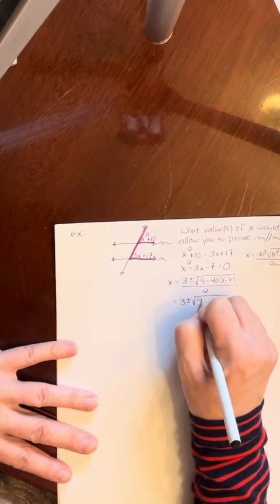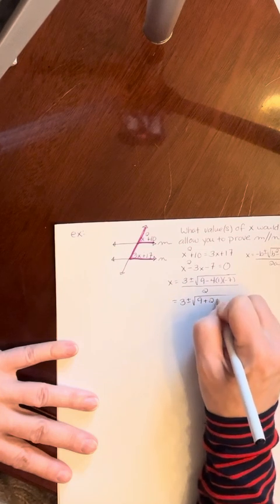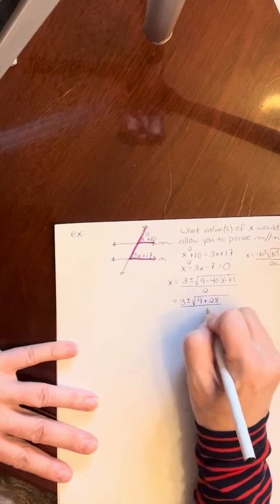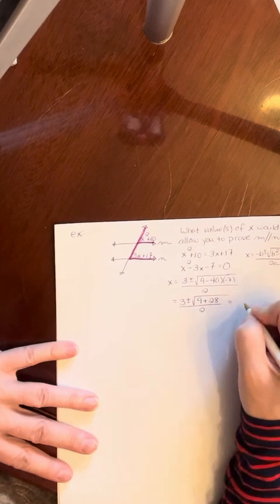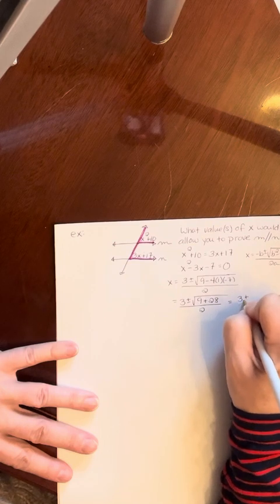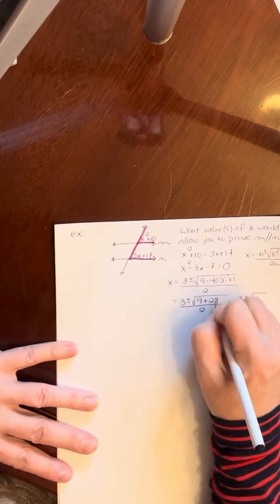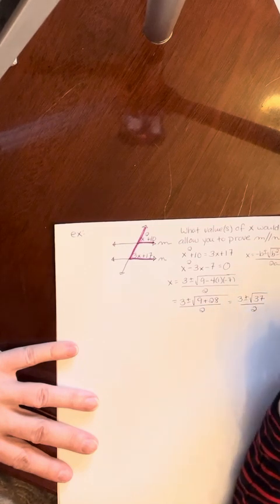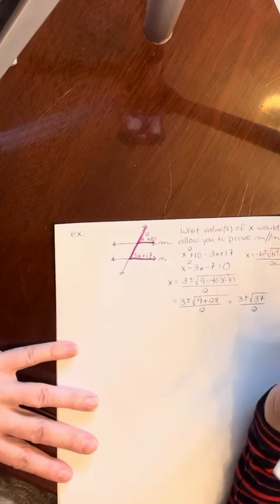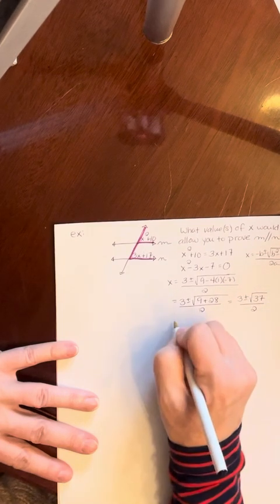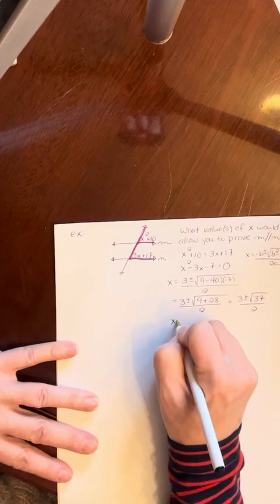So this will be 9 plus 28, divided by 2, which equals 3 plus or minus the square root of 37, over 2. 9 plus 28 is 37, and the square root of 37 is a lovely irrational number. So get out your calculators.